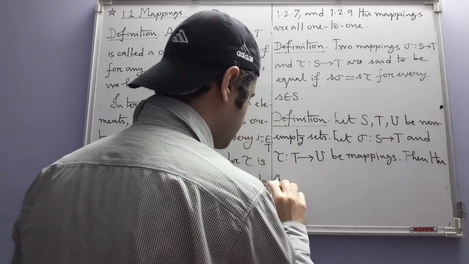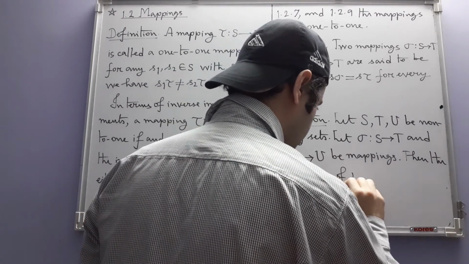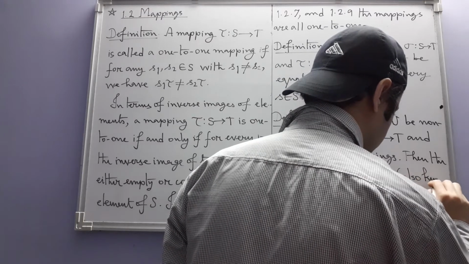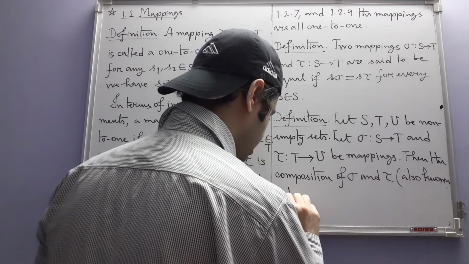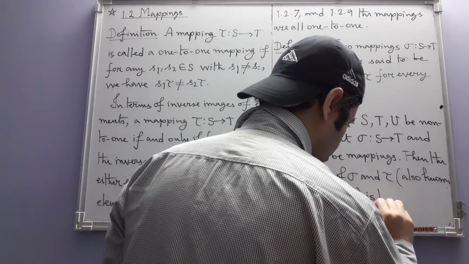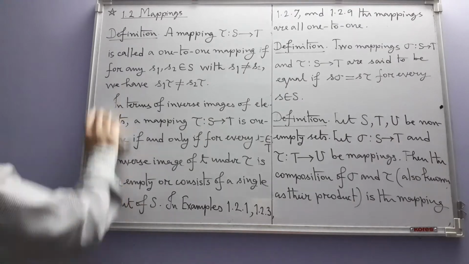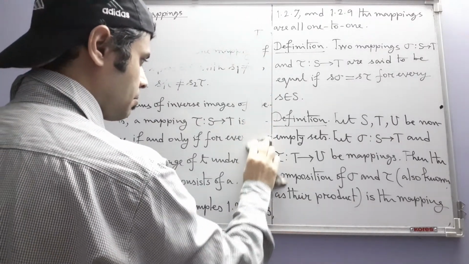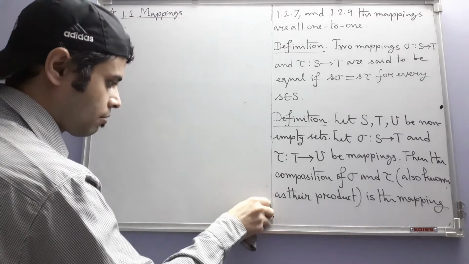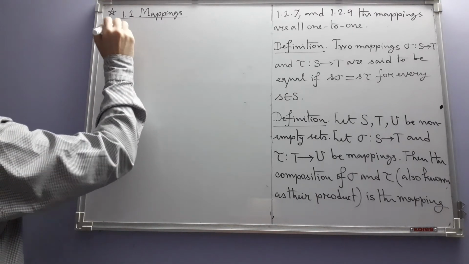Then the composition of sigma and tau, also known as their product, is the mapping sigma composition tau.